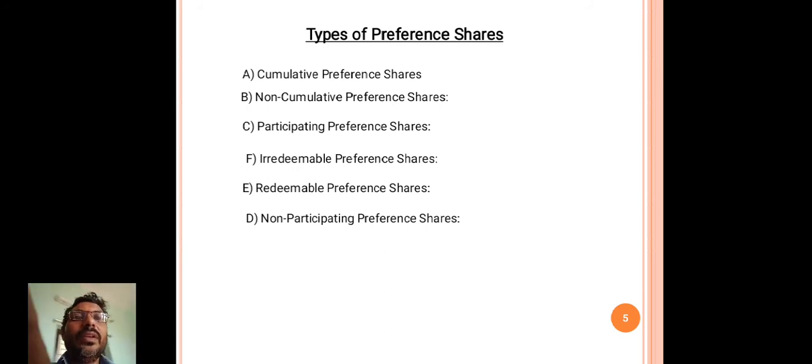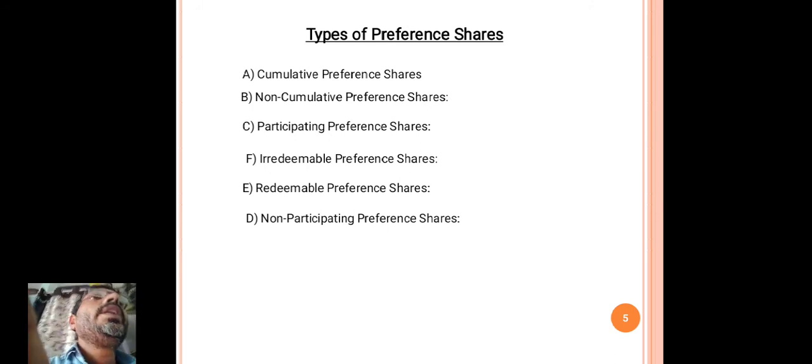It means there are so many types of preference shares. They are cumulative preference share, non-cumulative preference share, participating preference share, non-participating preference share, redeemable preference share, and irredeemable preference share.